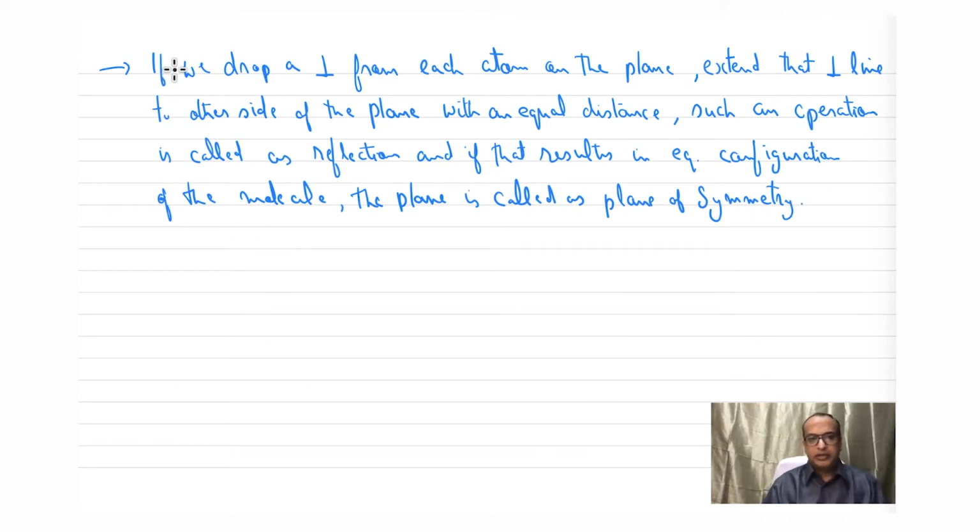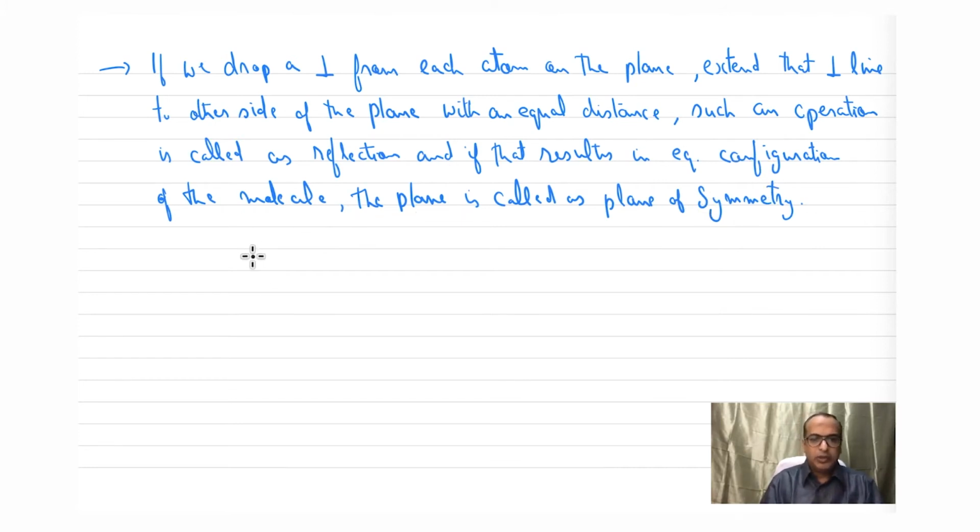Let me read this again. If we drop a perpendicular from each atom on the plane, extend that perpendicular line to the other side of the plane with an equal distance, such an operation is called reflection, and if that results in an equivalent configuration of the molecule, the plane is called a plane of symmetry.